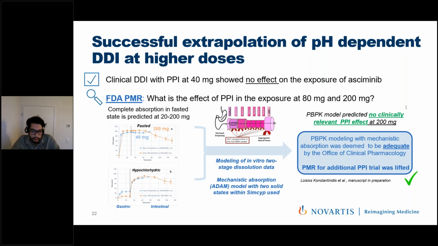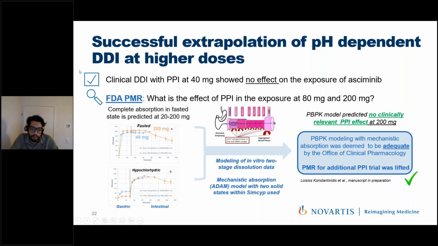In order to do that, we also used a PBPK modeling approach, where we had in vitro dissolution data from two-stage experiments at 40 milligram and 200 milligram that you see here in blue and orange respectively in the fasted state, and then we had additional dissolution data from two-stage experiments with hypochlorhydric media, again at 40 and 200 milligram.